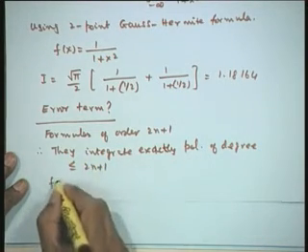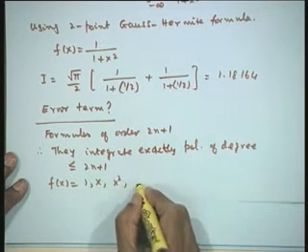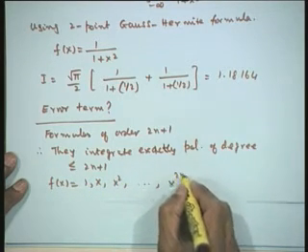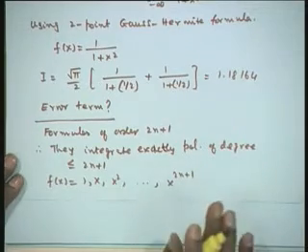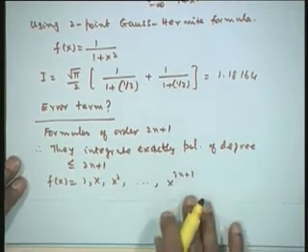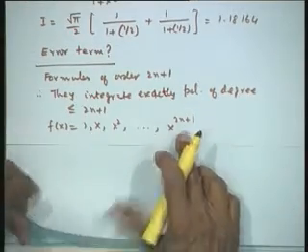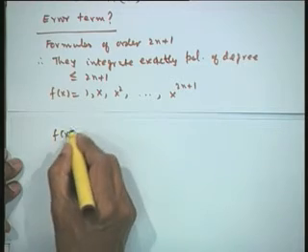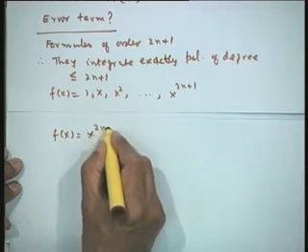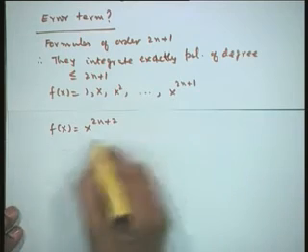That means, if I take f(x) equal to 1, x squared, and so on up to x to the power of 2n plus 1, then these formulas will integrate exactly. Now, if I want the error term, I should take the next power of x, that means to get the error term I would take f(x) equal to x to the power of 2n plus 2 and find out the error constant.